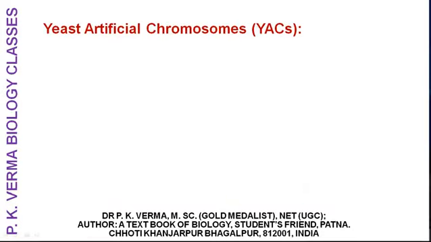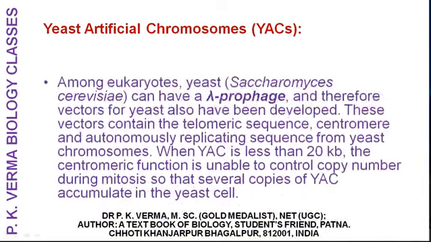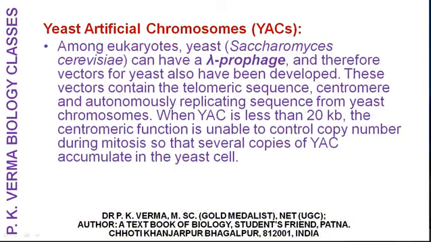Similarly, yeast artificial chromosomes or YACs are made. This is a eukaryotic cell. Yeast cell is Saccharomyces cerevisiae, a fungus. It can have a lambda prophage, and therefore vectors for yeast also have been developed.